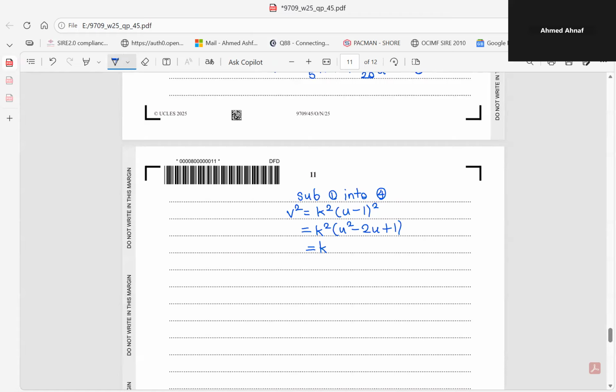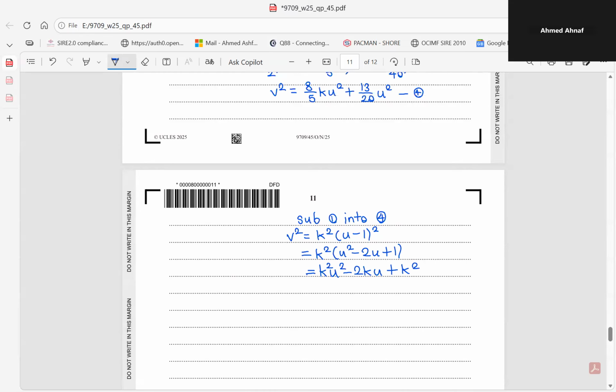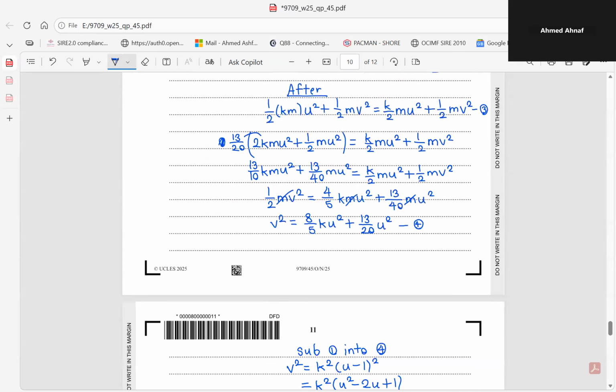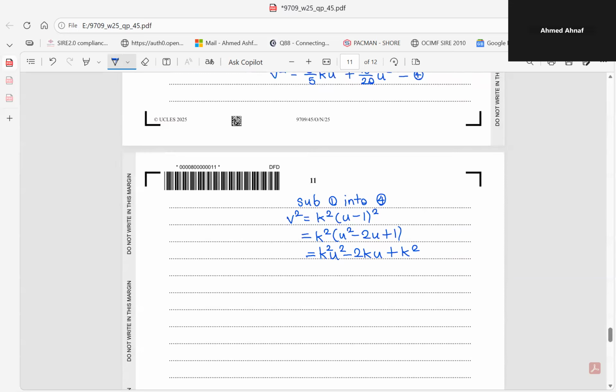So this is k squared u squared minus 2ku plus k squared. Give me a while. It's going to be a bit laggy in here.